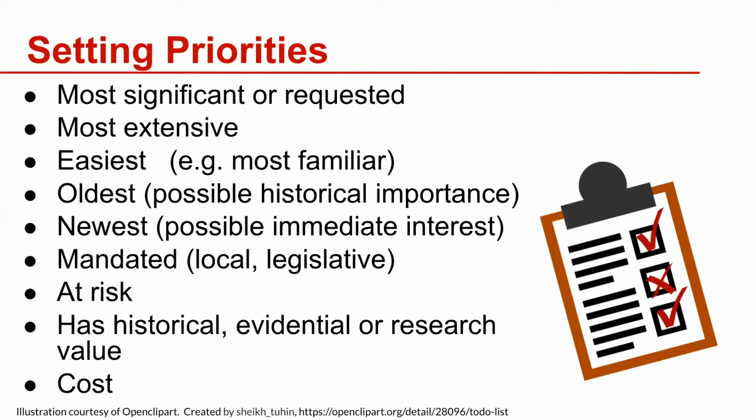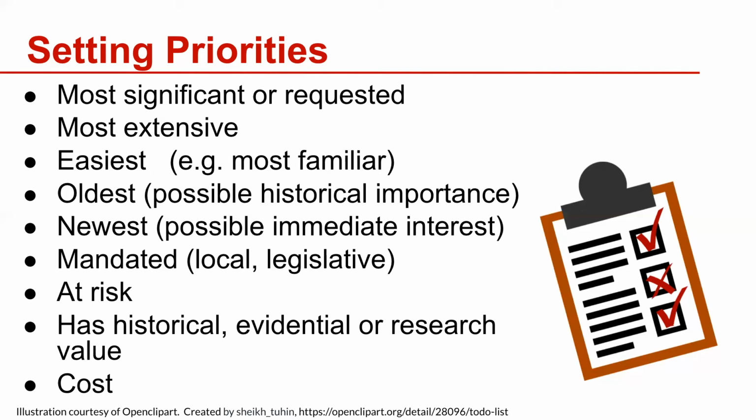While a focus on the newest materials could spark some interest due to the immediacy of the content. For example, when I was at the state archives, we had to process the governor's records immediately because there was noise about him running for president, and it was known that the records were going to be of interest.